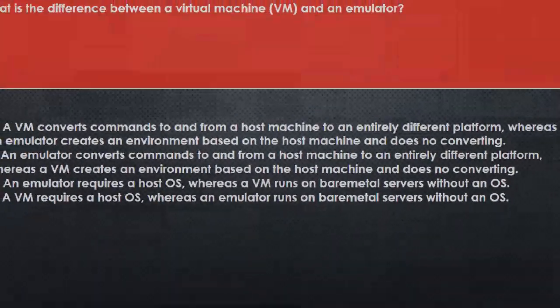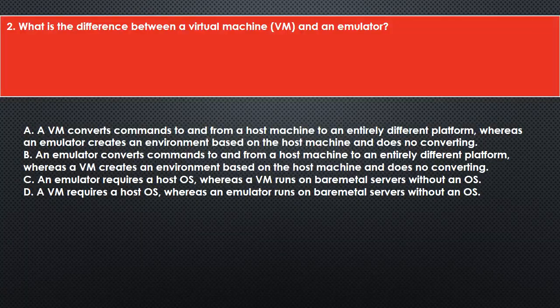2. What is the difference between a virtual machine, VM, and an emulator? A. A VM converts commands to and from a host machine to an entirely different platform, whereas an emulator creates an environment based on the host machine and does no converting. B. An emulator converts commands to and from a host machine to an entirely different platform, whereas a VM creates an environment based on the host machine and does no converting.